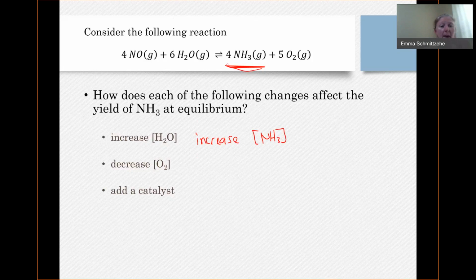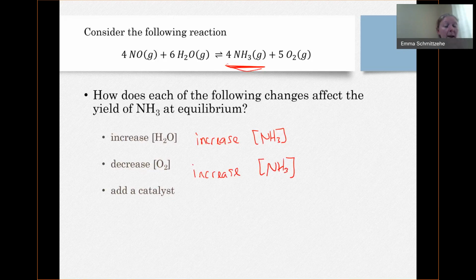And then if we decrease O2, well, O2 is a product, so if I start removing that O2, then the reaction is going to need to replenish it to reestablish equilibrium. And so this also will increase the NH3.